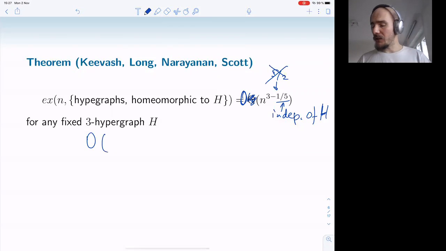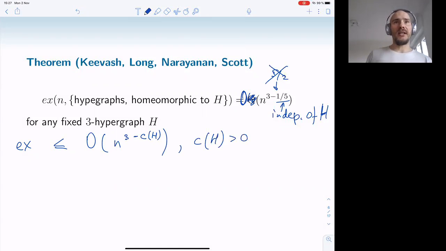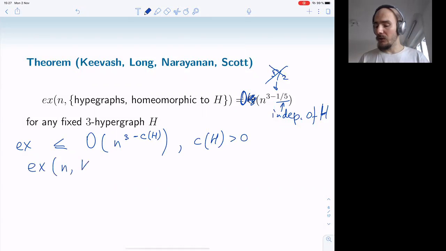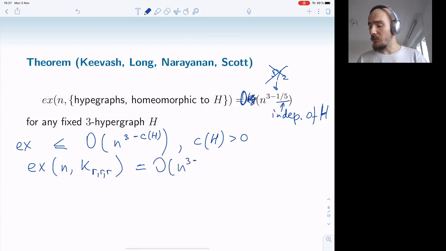So it is easy to get that this extremal number is at most big O of n to the 3 minus some constant C of H, where C of H is bigger than 0, using the result of Erdős, which says that the extremal number of K_{r,r,r} is big O of n to the 3 minus some constant depending on r, where again this constant is bigger than 0.